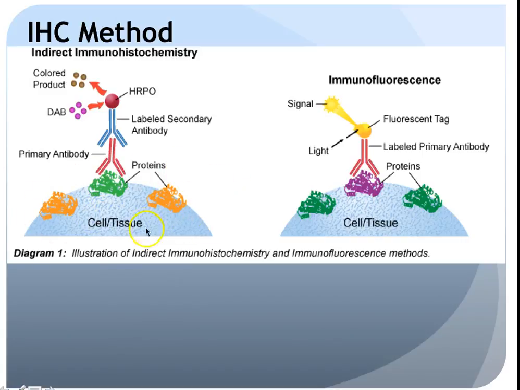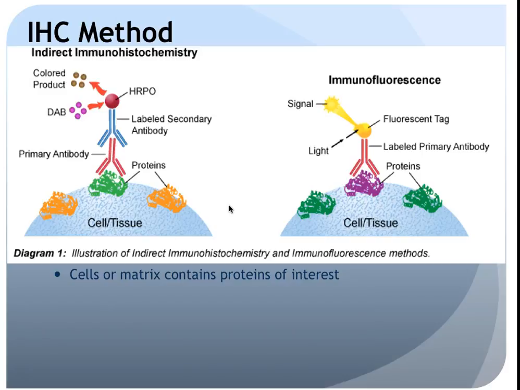Now we can actually use IHC to detect proteins inside a cell, or on what we refer to as cell surface antigens, which are proteins that are bound to the cell membrane and stick out into the extracellular space. Just depends on what you're trying to do. All right. So we're going to have cells, okay, or a matrix.